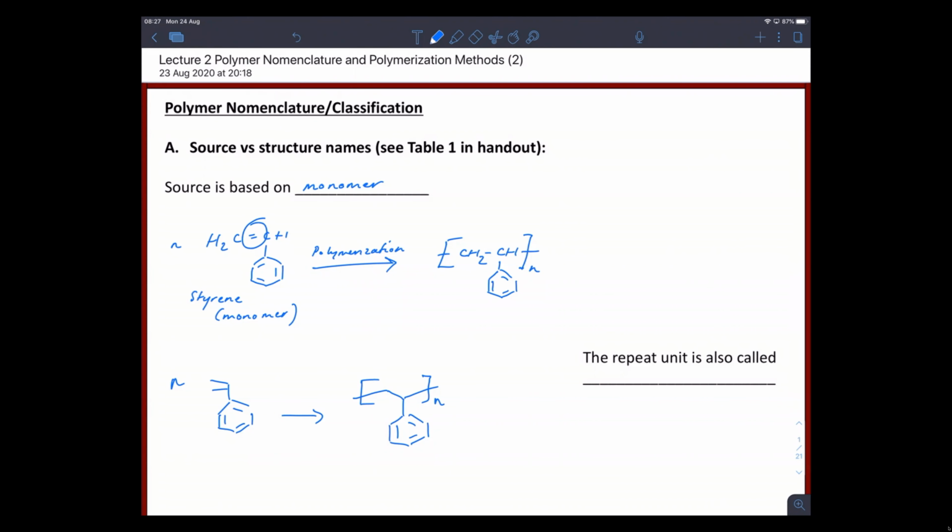So the repeat unit is also called the monomeric unit. I'll give you a second to get that down.